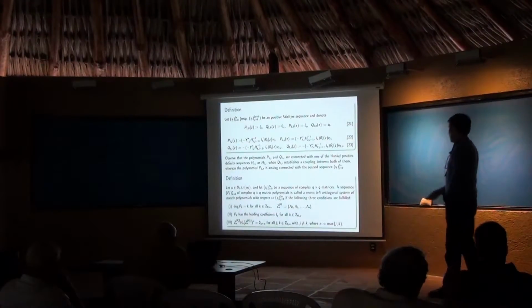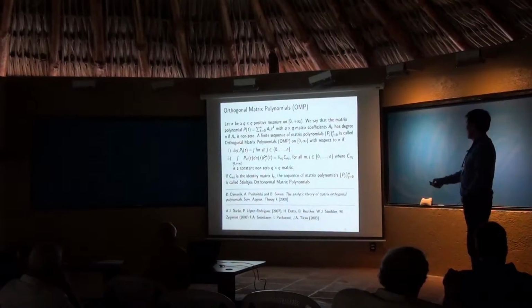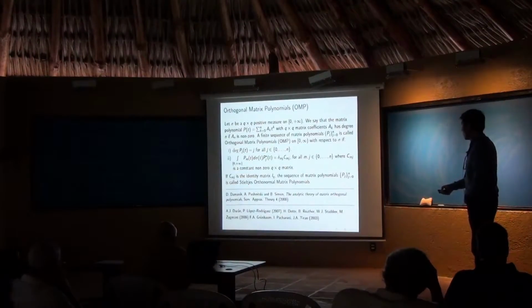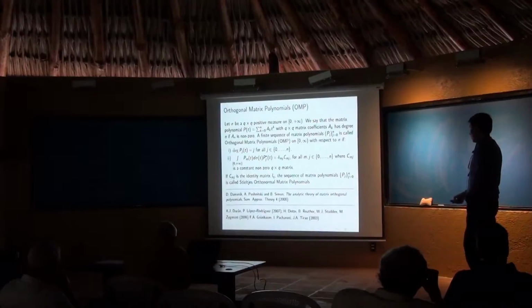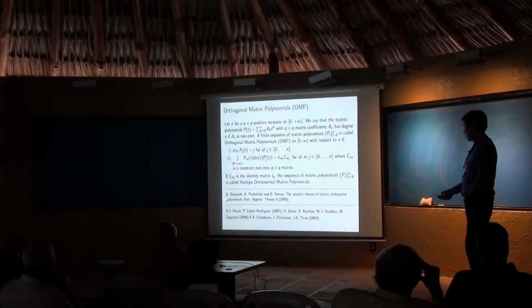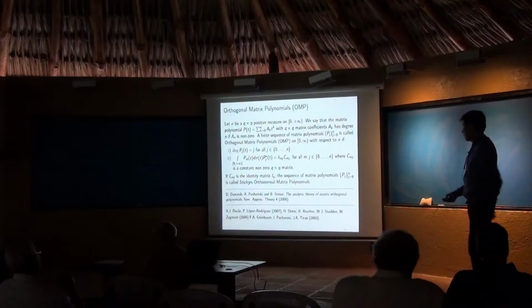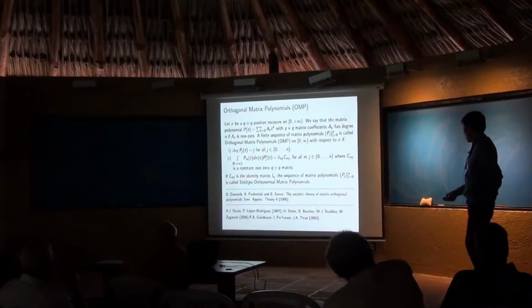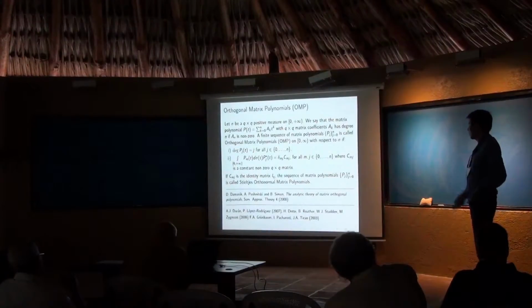But here I wrote the typical definition of orthogonality in the matrix case. There are some people who work in this direction, including Simon, Professor Duran, with Lopez Rodriguez, Dette, Grunbaum, and other people, with these polynomials.